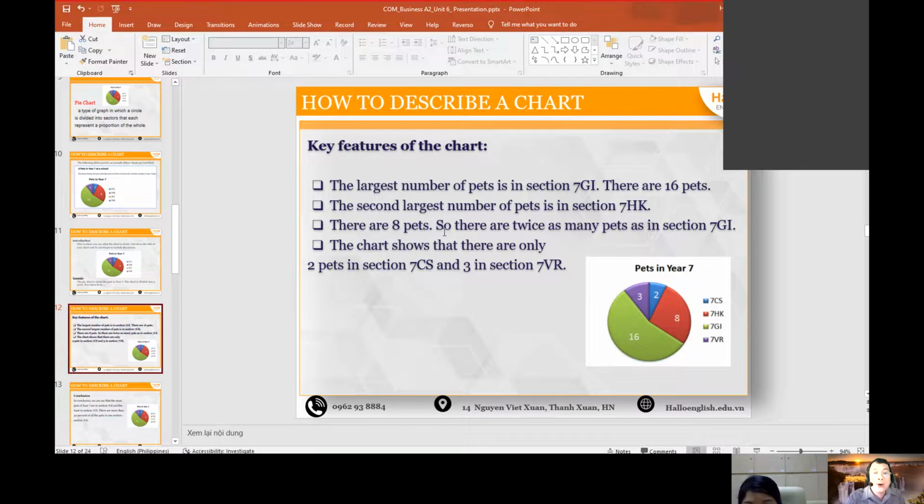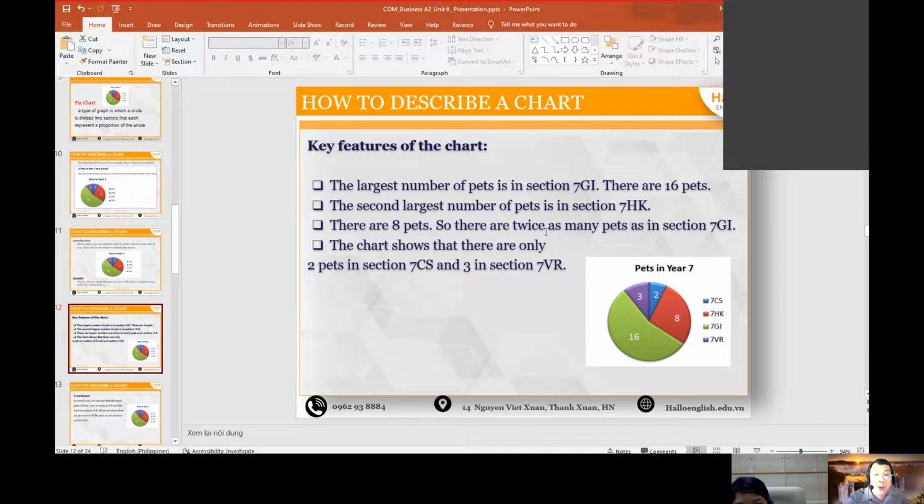Then show there are twice as many pets in section 7GI. That means if you try to compare the 16 in here, it's twice as many because if you calculate 8 plus 8, that makes 16.